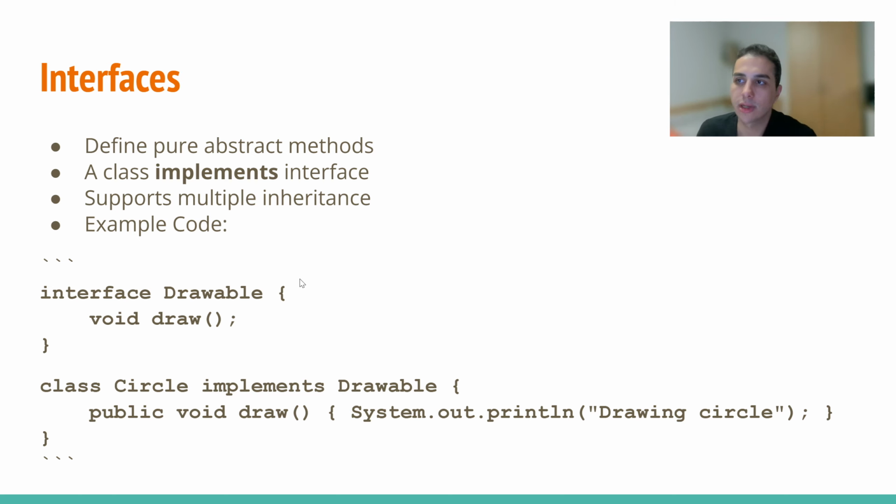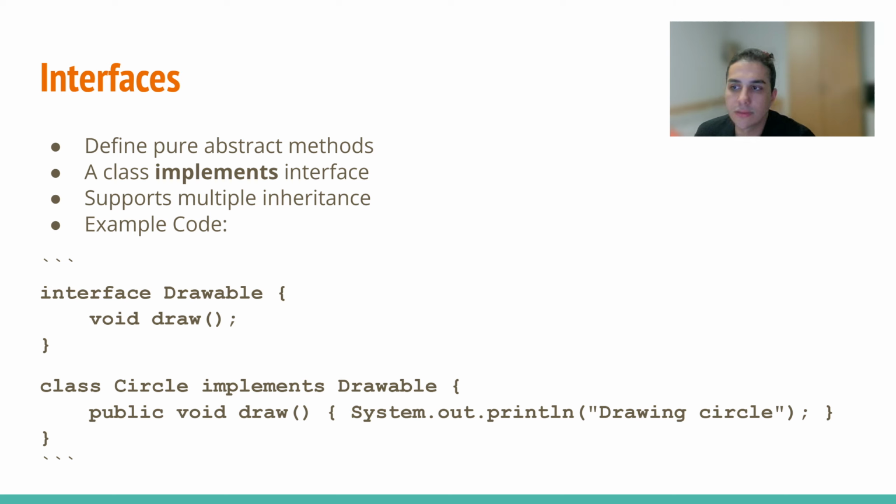This example shows what I was thinking. Void draw is implicitly public abstract here. And when you write class Circle, which implements Drawable, you can override the function, well, not override, but implement the function.